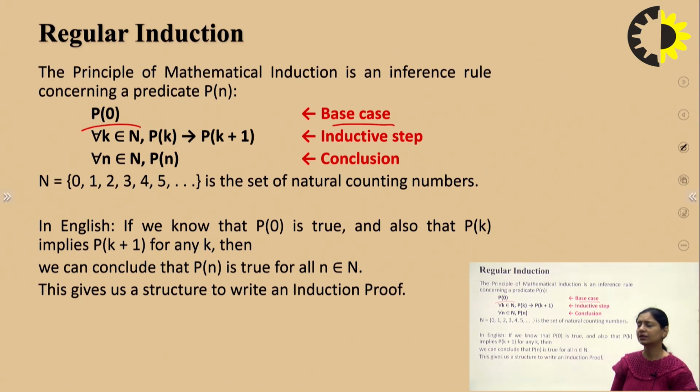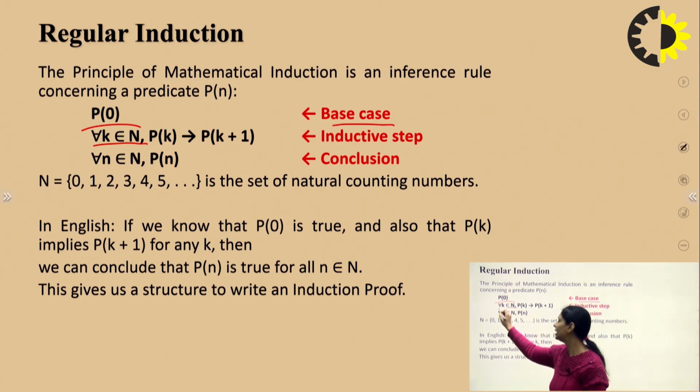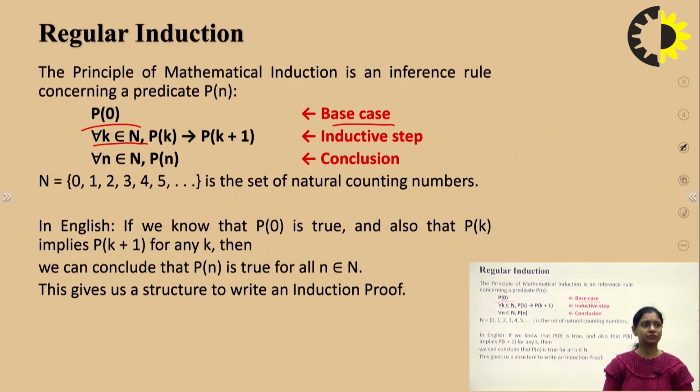For the inductive step, we say that for all k belonging to n, pk plus 1 would be implied by pk. So pk implies pk plus 1. And hence the conclusion says that for all n belonging to n, pn holds. That is, the proof that we wanted will hold, where n is the set of natural numbers.